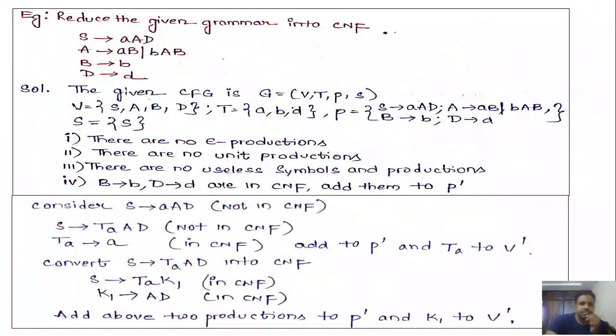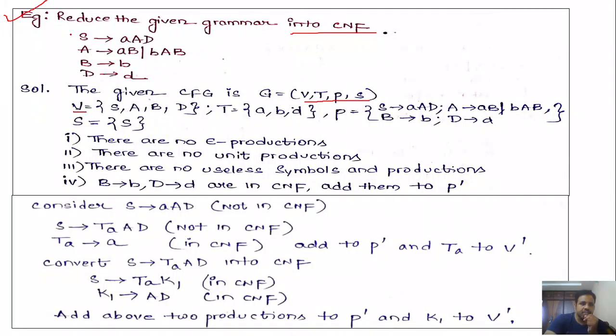So we will discuss one example here. Reduce the given grammar into CNF. First, we have to represent the given grammar as G is equal to V, T, P, S. So first represent the given grammar in this four tuple notation. What is V?